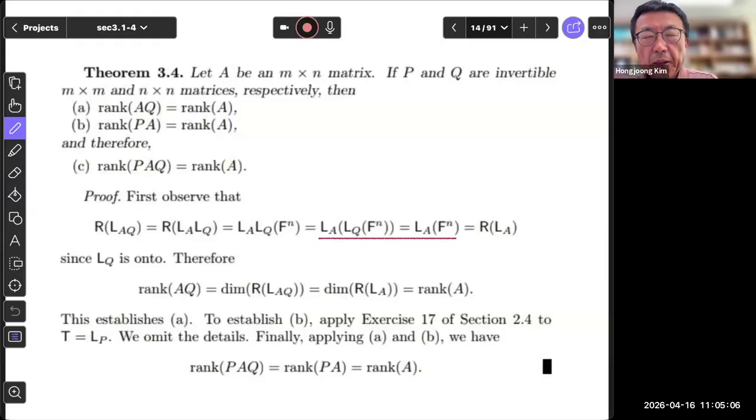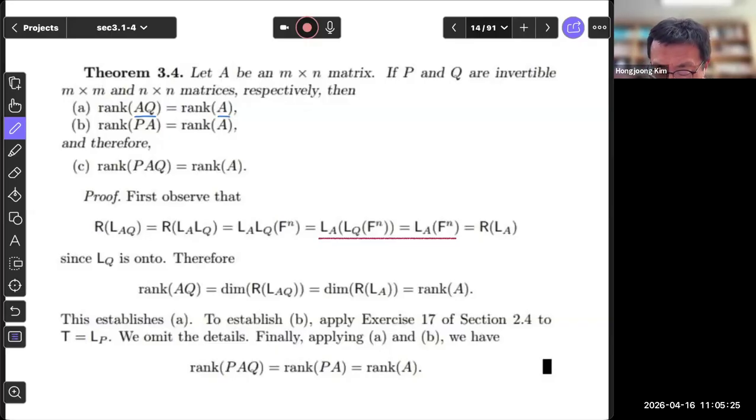Theorem 3.4 is interesting. So given an m by n matrix A, if P and Q are invertible matrices, then the rank of A times Q will be the same as the rank of A. Okay.